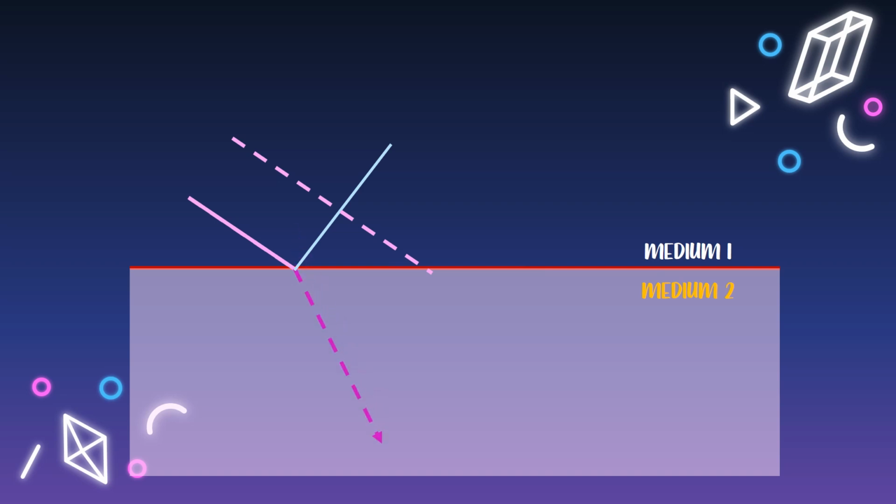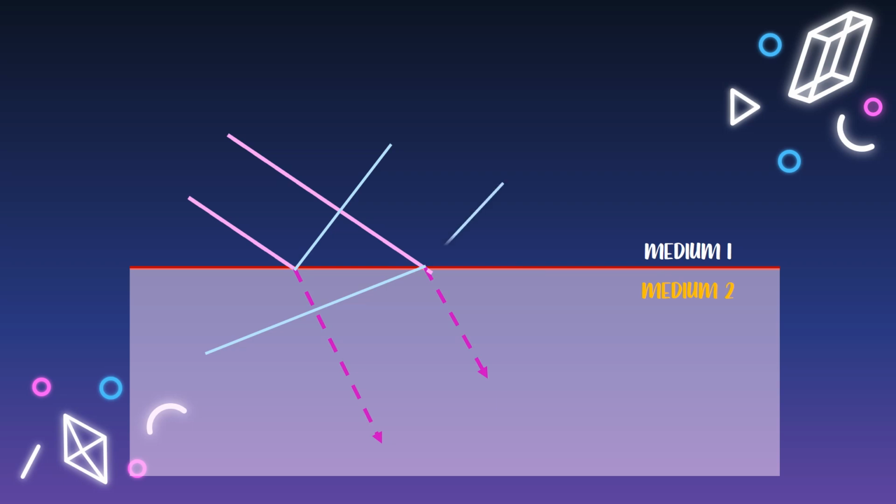Since medium 2 is denser than medium 1, it is now traveling at a slower speed. When the right wave hits the interface, it also slows down. We now draw a wavefront through this point to the left wave.